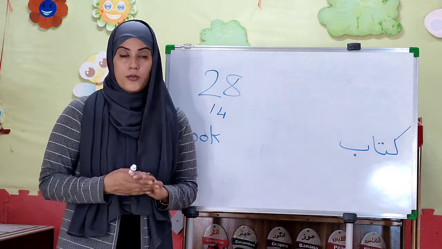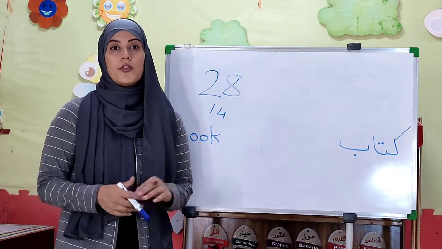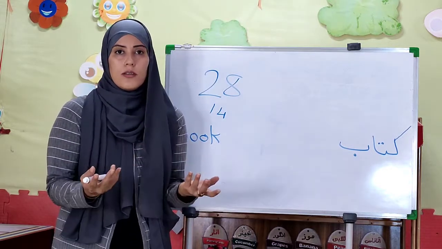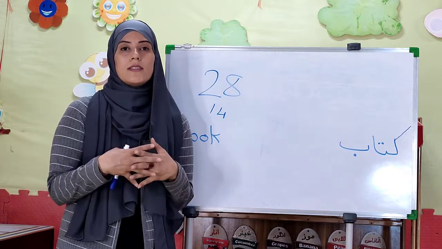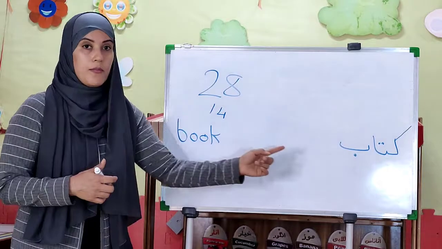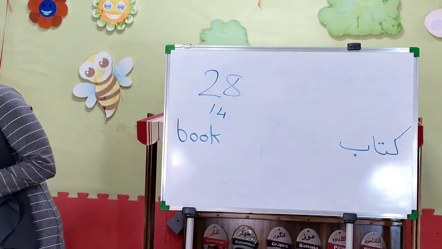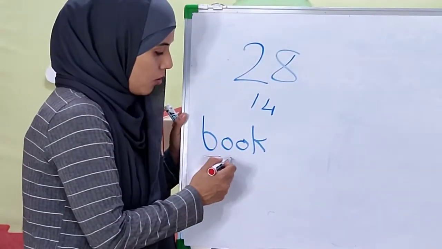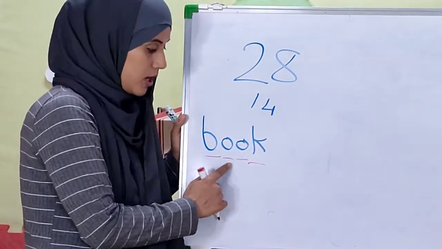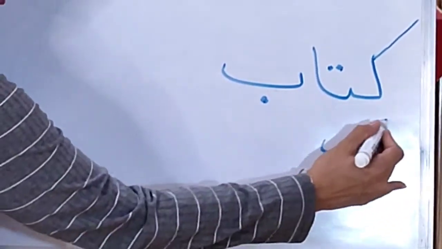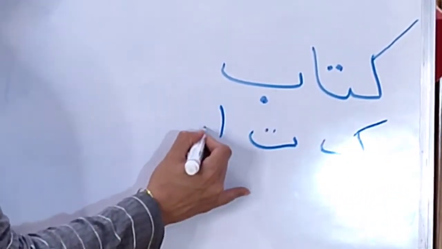The third point we should remember is that in Arabic we don't have separate writing. All the letters are connected to each other. Just like the example I've written here, in English we write B-O-O-K separately, but in Arabic I can never separate these alphabets.